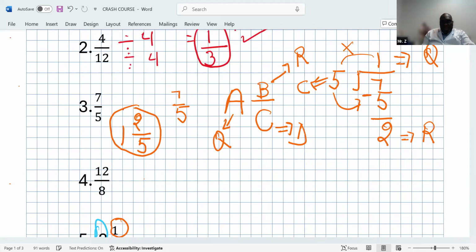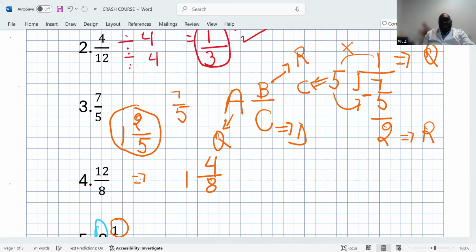Let's deal with 12/8. First of all, if you don't want to simplify that right now, you can keep going. Once you do the division of 12 by 8, 8 is going to go into 12 only one time. You're going to have 8 right here on the bottom, and the remainder between that is going to be 4.